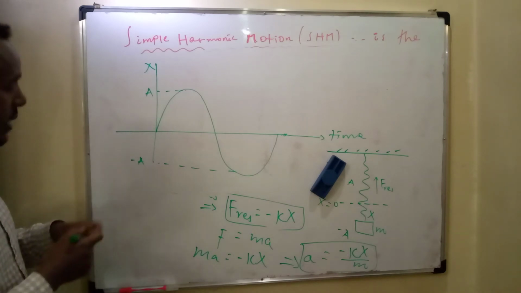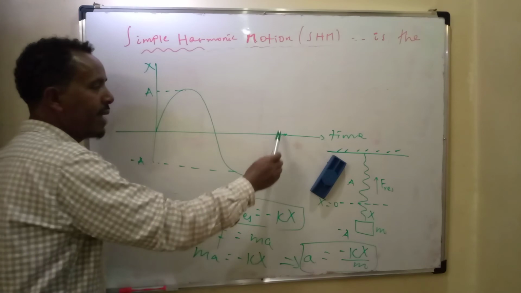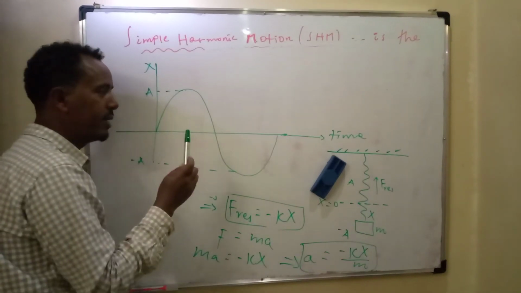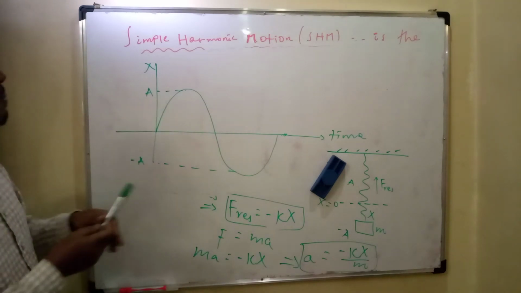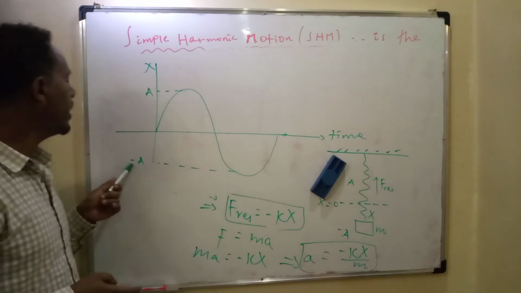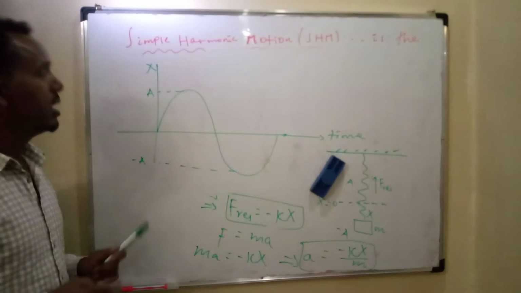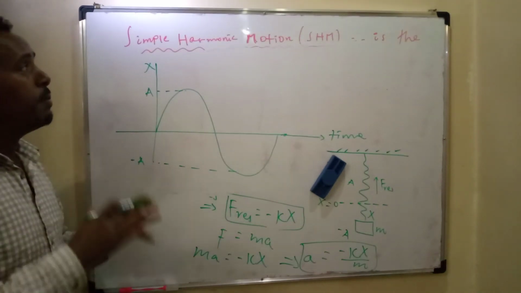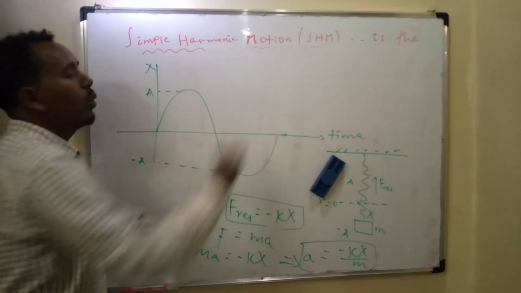Now, the time used for one cycle, this is one cycle, is said to be the period. Moving up to maximum displacement, then returning back down to negative amplitude, and returning back, one cycle is completed.